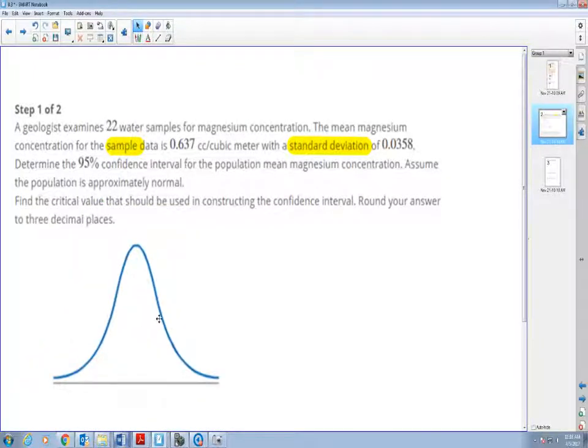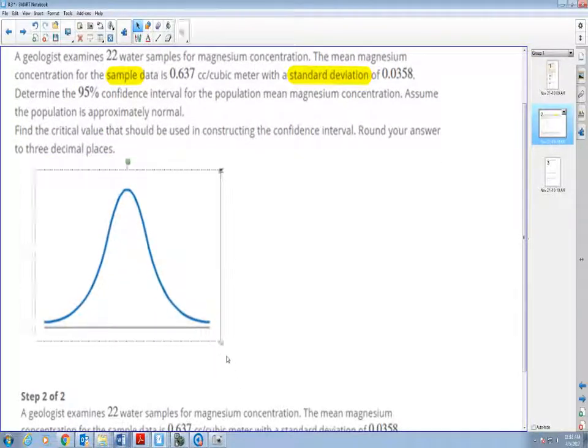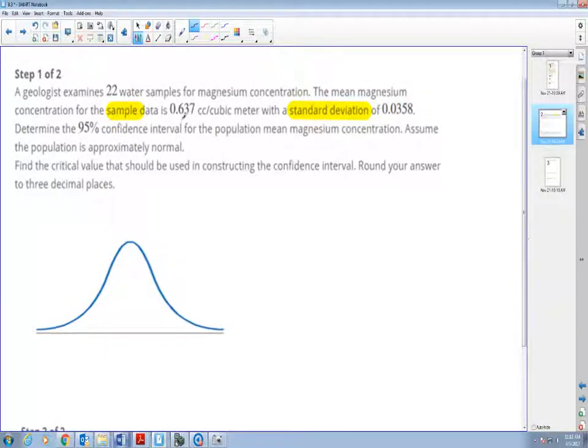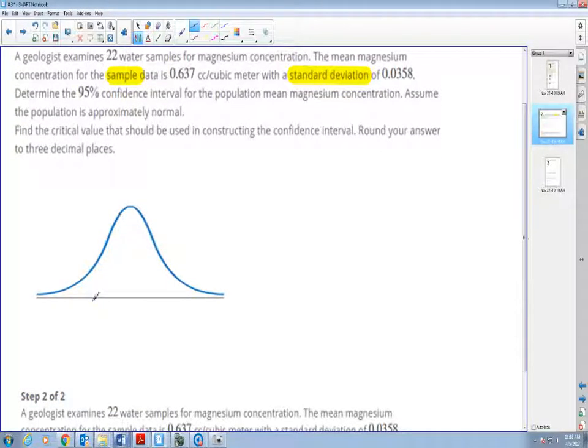For my normal curve right now, the whole idea is having my point estimate, which is 0.637. Eventually, step 2 out of 2 will be constructing a 95% confidence interval.